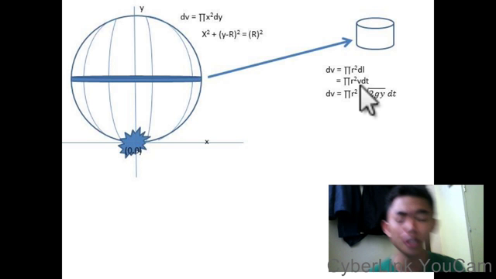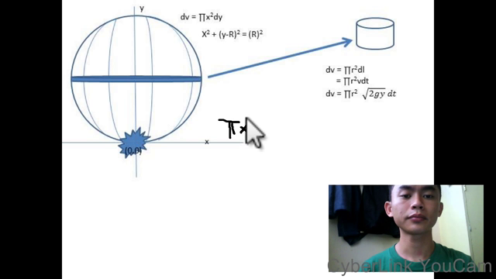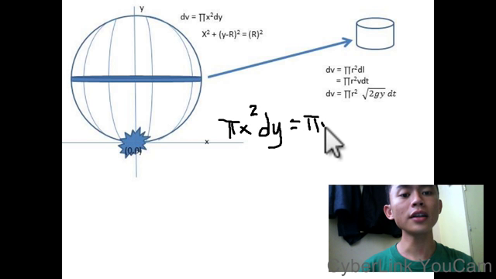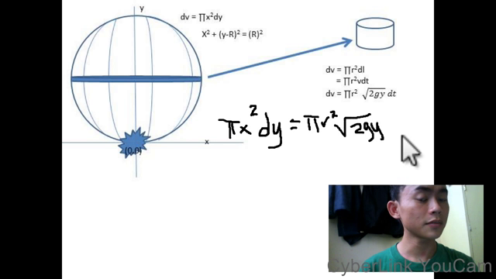So πx² dy is equal to πr² square root of 2gy dt.